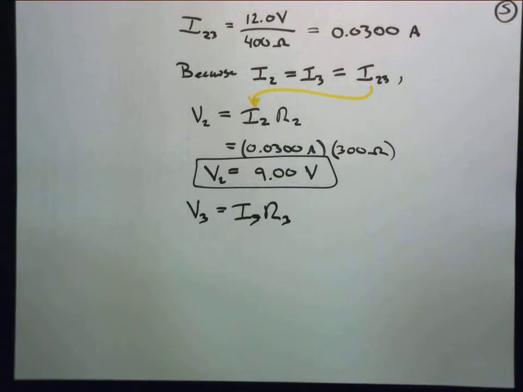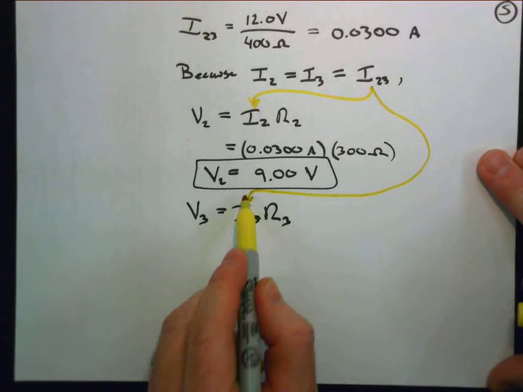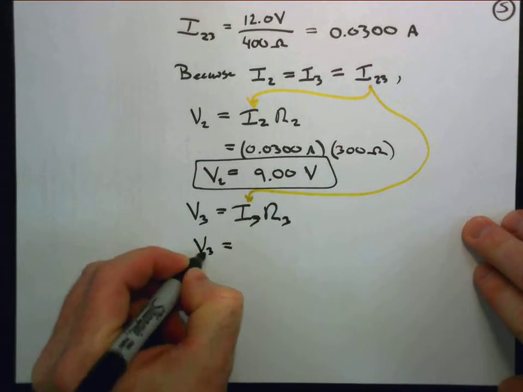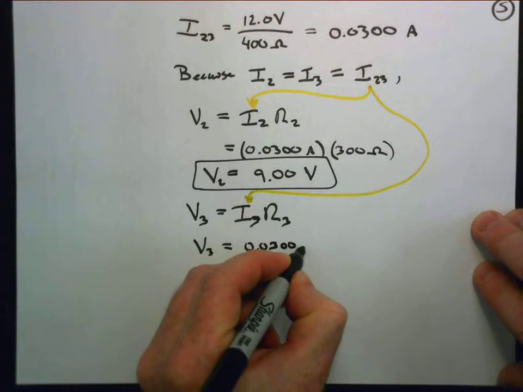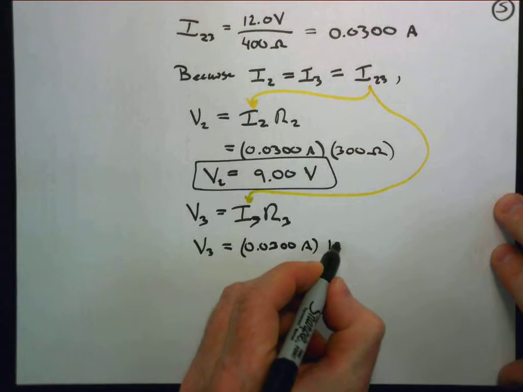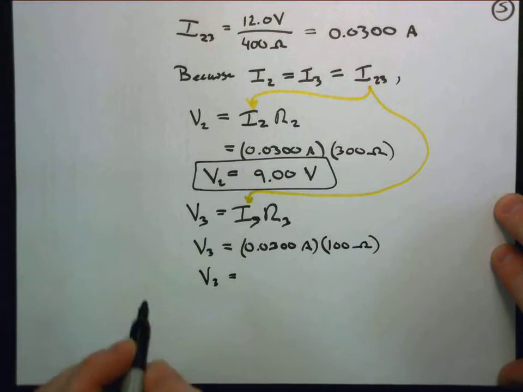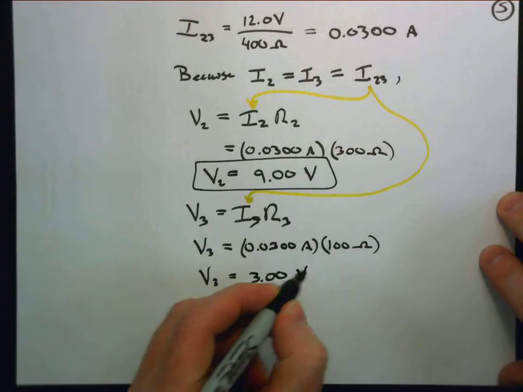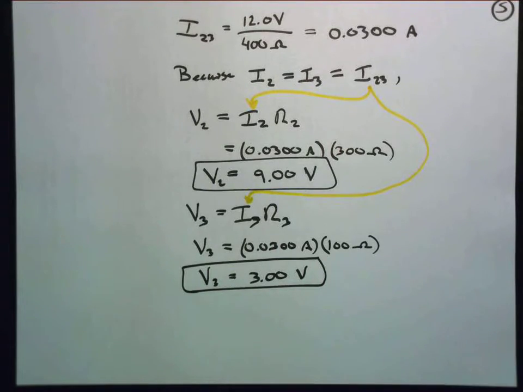That current of 3 is equal to the current of 2,3 right there, and I know that value. So 0.03 amperes, and the resistance of R3 is 100 ohms. What's the voltage drop across resistor 3? 3.00 volts. Answer.